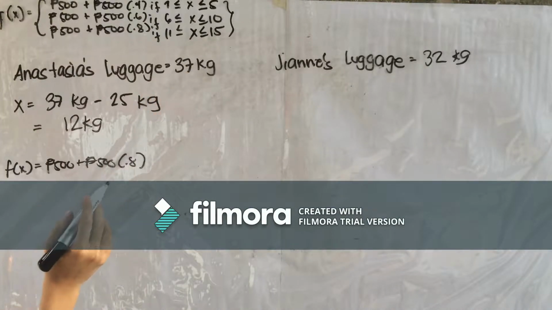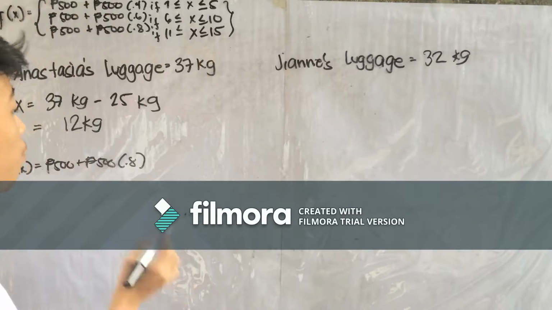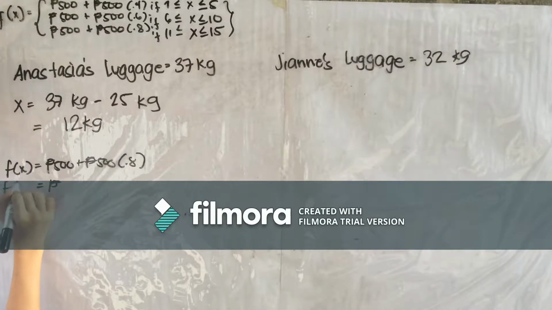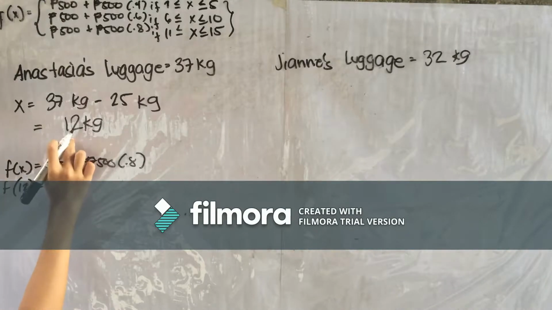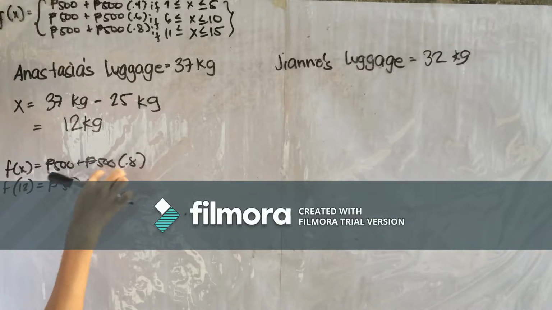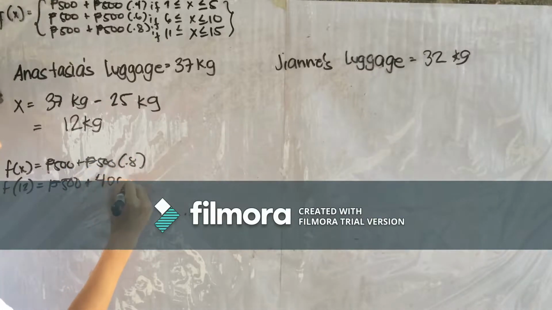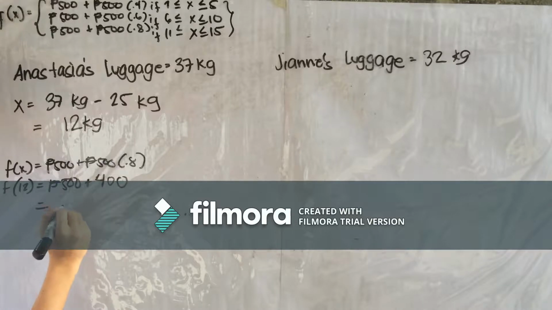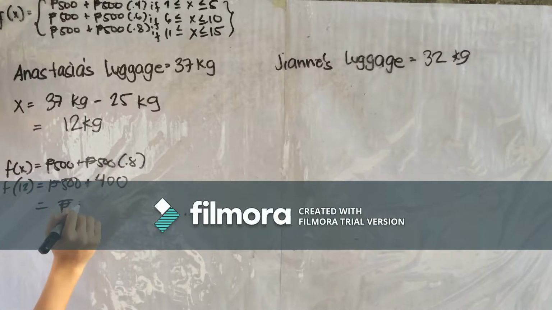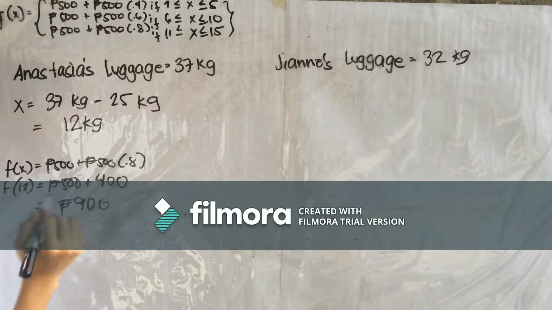So, ibig sabihin, f of 12, dahil ito yung nakuha natin, 500 plus, ang equivalent nito is 400. So, add lang natin siya. Ang total na kailangan bayaran ni Anastasia is 900. Gets?